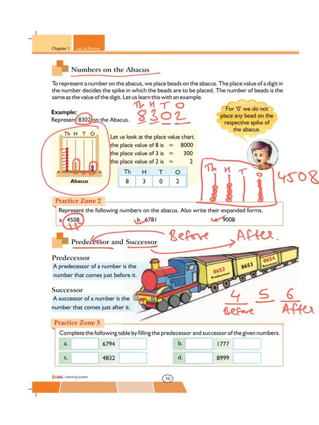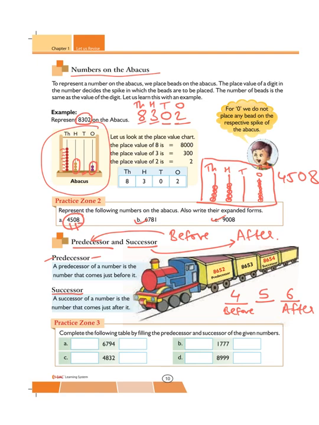If we read over here, a predecessor of a number is the number that comes just before it. A successor of a number is the number that comes just after it, immediately after the given number. So one number before and one number after.